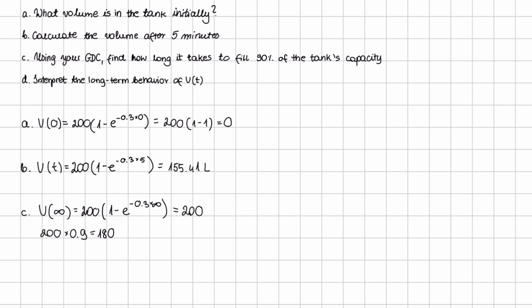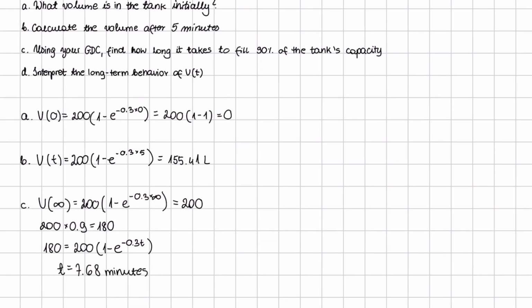Now we can substitute 180 as V, and then we have 201 minus e to the power of minus 0.3 times t, and now we can find it in the solver. So our t equals 7.68 minutes.